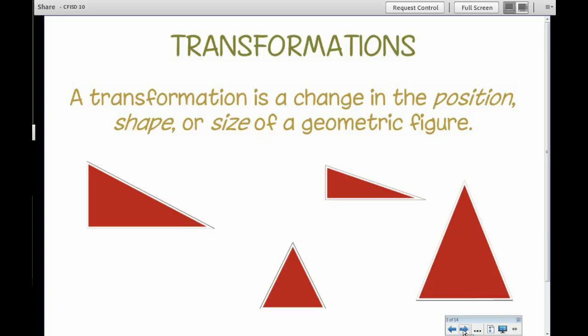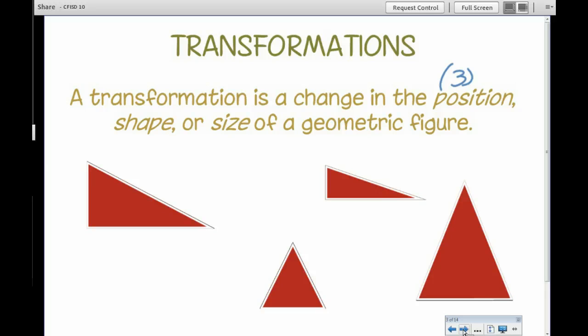So, in your notes, a transformation. It's a change in the position, shape, or size of a geometric figure. Now, three of the ones we're going to learn about are just going to be a change in the position. So for three of them, they're called congruence transformations. We're not going to change the shape or the size.